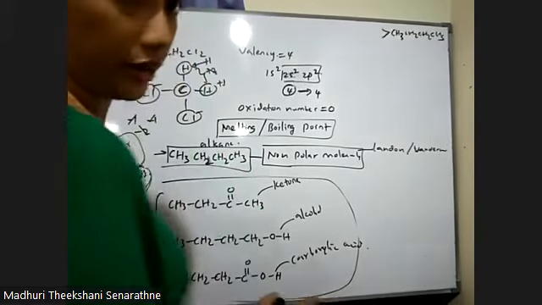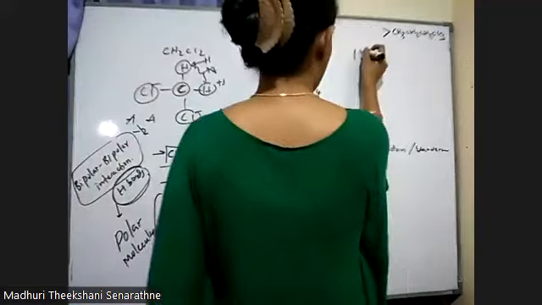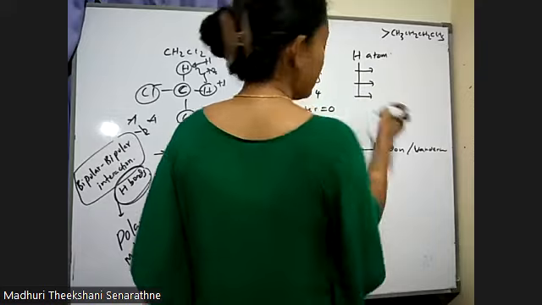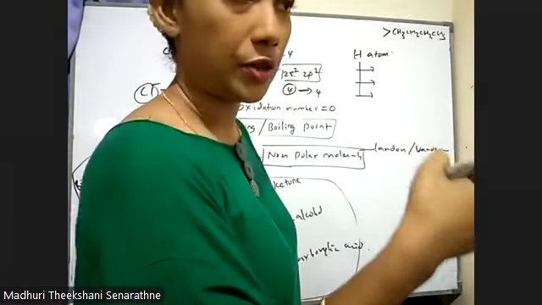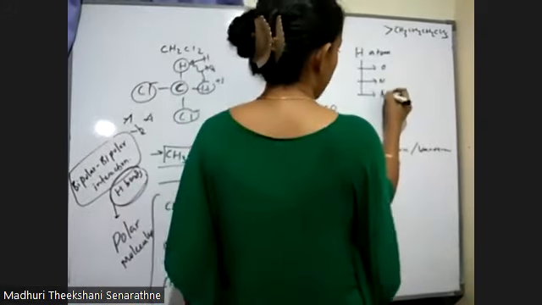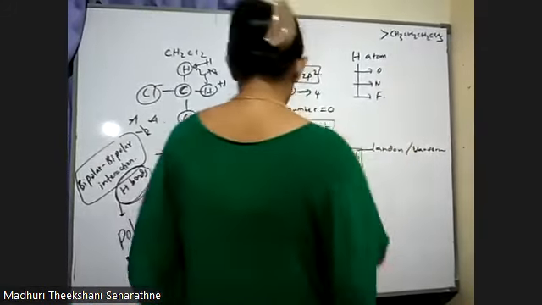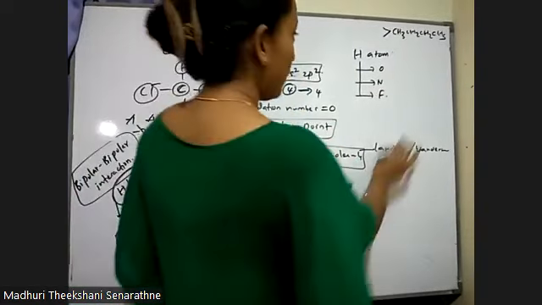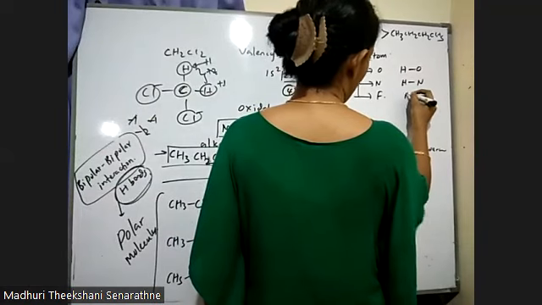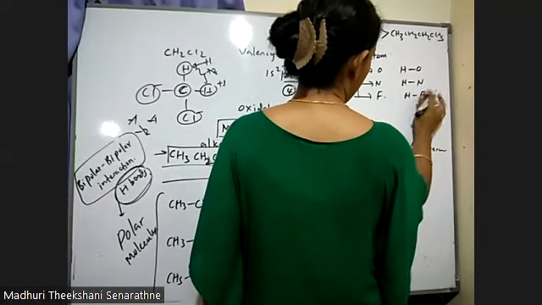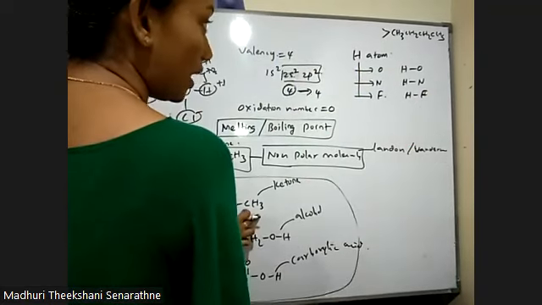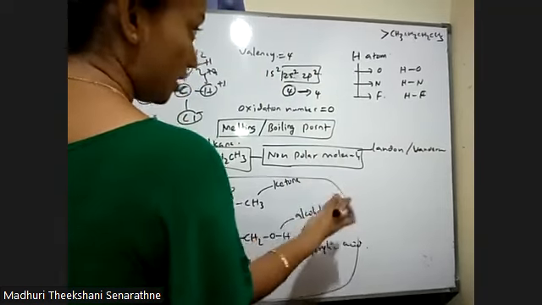Which molecules have hydrogen bonds? For making hydrogen bonds, there should be a hydrogen atom bound to an electronegative atom. We are talking about 3 electronegative atoms: oxygen, nitrogen, and fluorine. In the molecule there should be H-O bonds, H-N bonds, or H-F bonds. You can see here no H-O, H-N, H-F bonds.